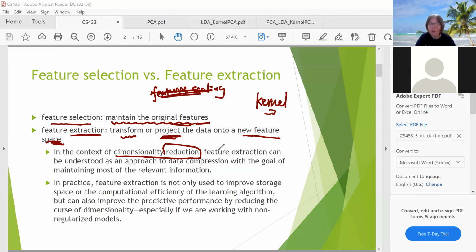Then it says feature extraction can be understood as an approach to data compression. So later on we will see it can also serve as data compression, okay? But whenever you compress data, there is a goal that we need to maintain the most relevant information, okay?